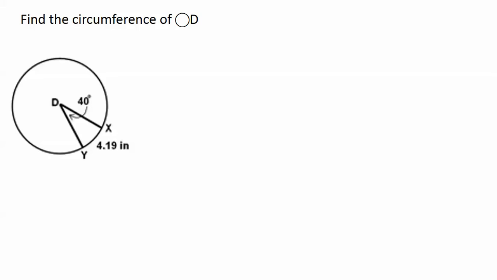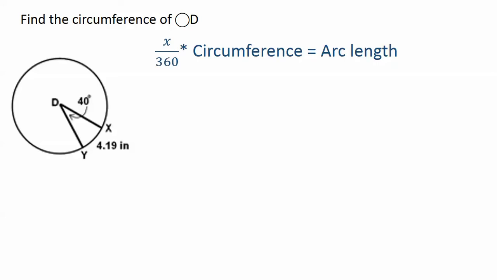Now let's find the circumference of circle D. That means that I'm given an arc length, and I'm going to need to solve backwards to find the total circumference. Well, I know that my x out of 360 times the total circumference will equal the arc length.